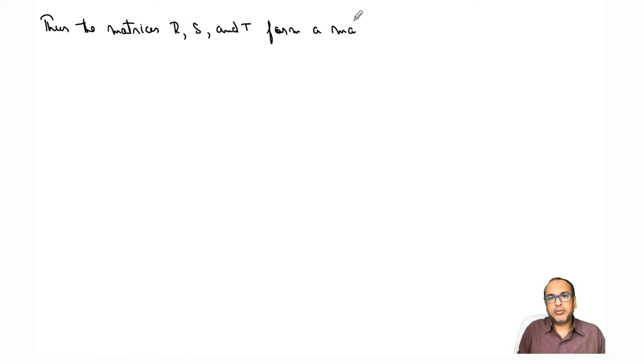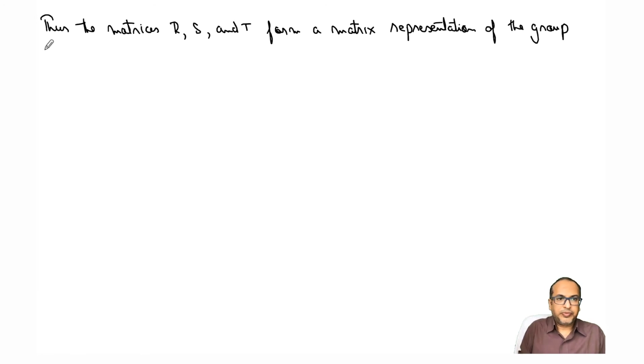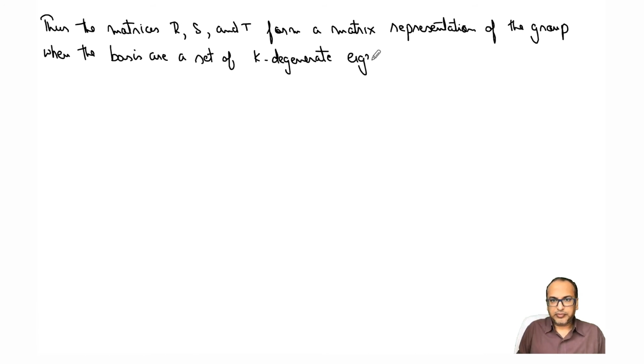Thus, we can say that the matrices R, S, and T together form a matrix representation of the group when the bases are a set of k-fold degenerate eigenfunctions of the Hamiltonian H with a particular eigenvalue.